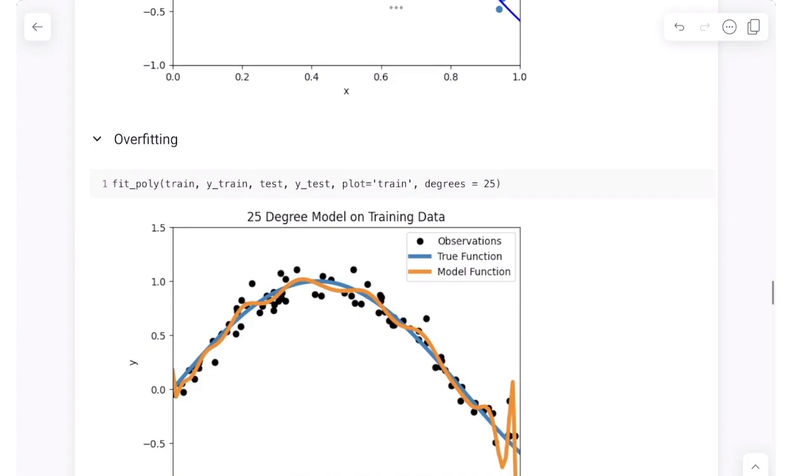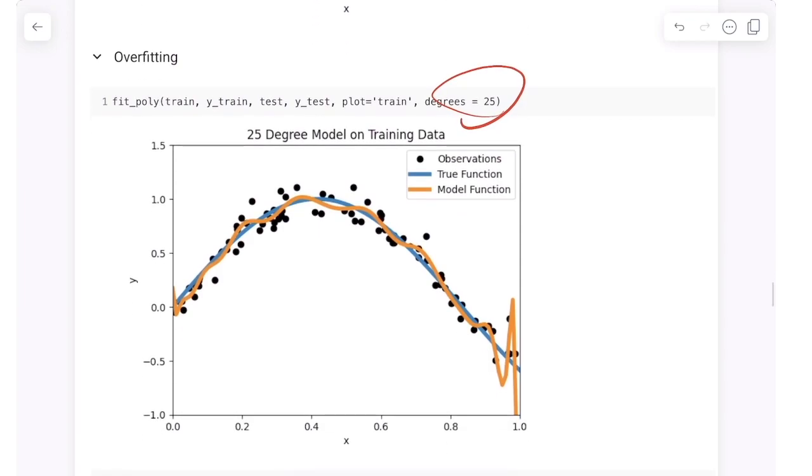If you use a more complex model, for example degree 25, that is AX^25 plus BX^24 plus CX^23, and so on and so forth, YX plus Z. If your model is so complex, you can have a lot of different turning points to match your data.